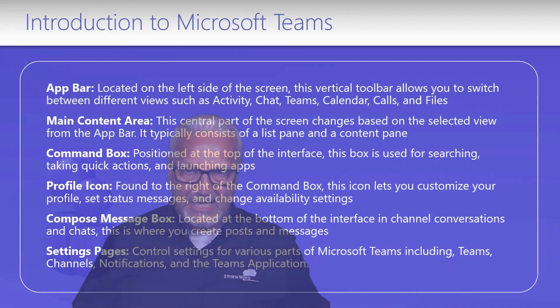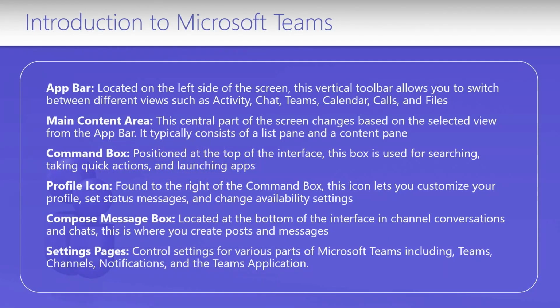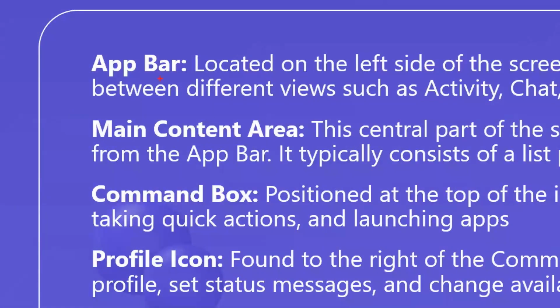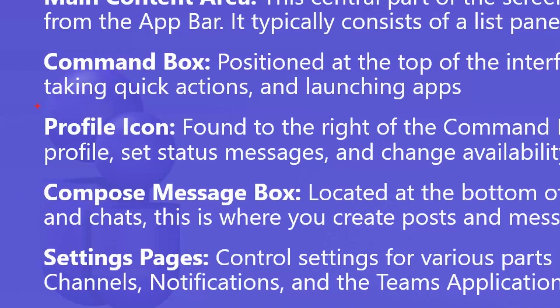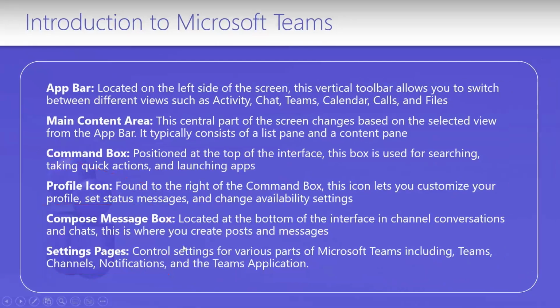Now, next thing we're going to cover are some bullet points. I'm not going to spend too much time on these because it's a lot of words and I'm not going to read the slides. But the idea is we're going to cover these main user interface components and become familiar with them. We're going to talk about the app bar, the main content area, the command bar, the profile icon, the command box, and the compose message box and the settings pages.